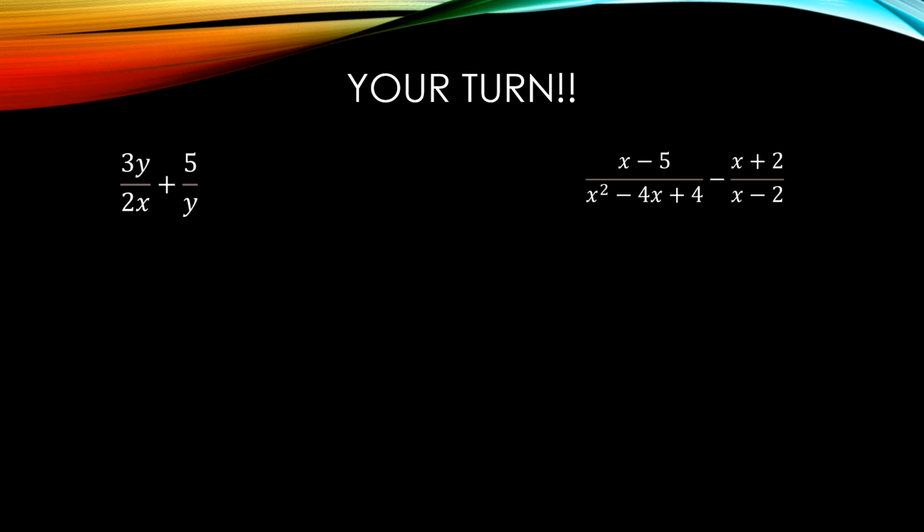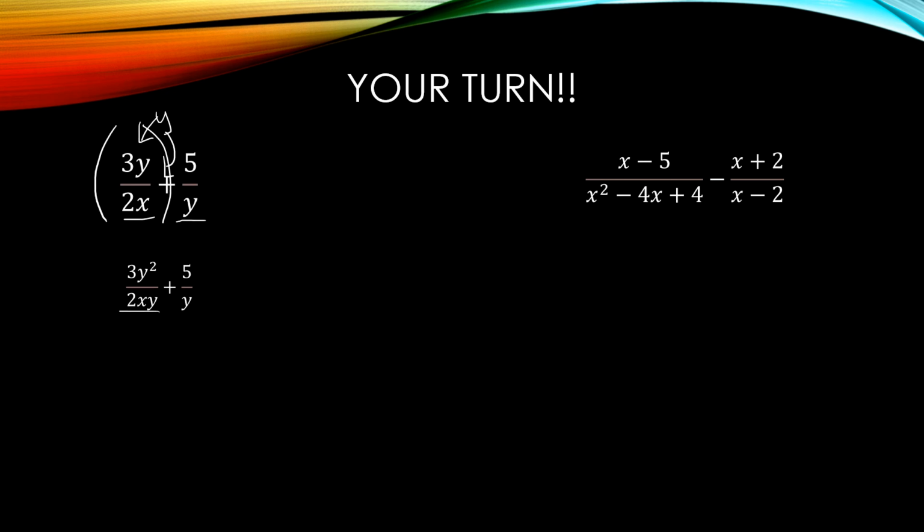All right, so for this first one, I wanted to find a common denominator, and I could see here that there was a 2x and a y. So all I did was I started first with the y, and I went ahead and multiplied 3y over 2x by y so that there was a y in the denominator, and this is what I got, the 3y squared over 2xy.